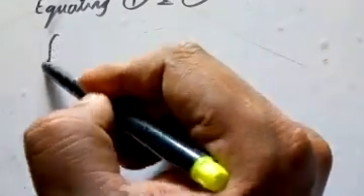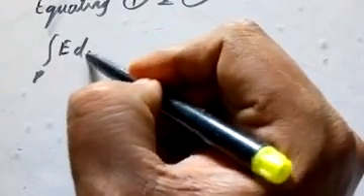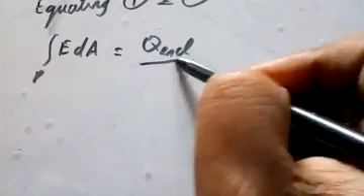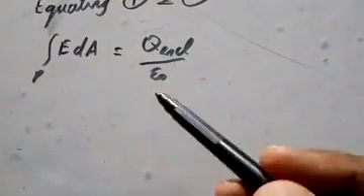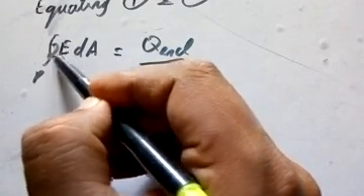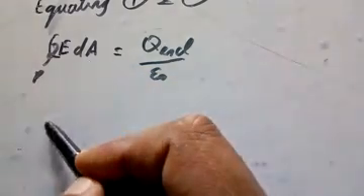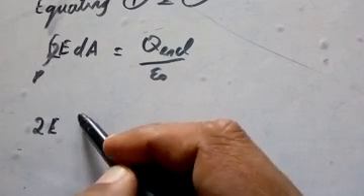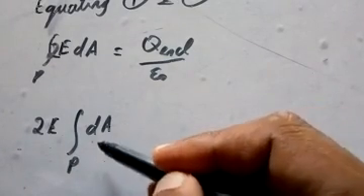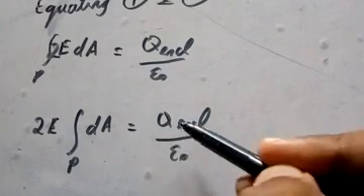So on the left side for the first one we get the integral over P of EdA, and the right side will be equal to Q enclosed by epsilon naught. Now if you see, this is 2EdA. 2E is a constant, the electric field is constant, so we can take it out. So we have 2E integral of dA, limit at point P, is equal to Q enclosed by epsilon naught. We're going step by step.